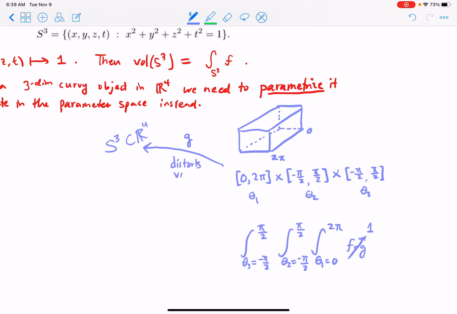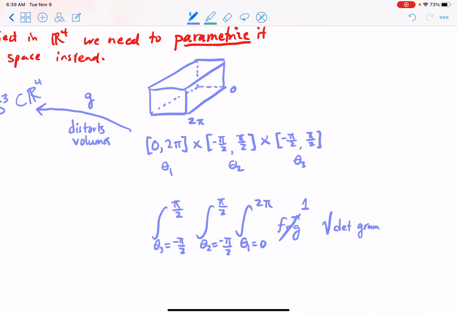And so, well, I wrote G twice, so I'll write G distorts volumes. And so we just need the square root of the determinant of the Gram matrix. This turns out to be a way to write the Gram matrix in Math 250, linear algebra. But we've just been writing in words Gram matrix of maybe dg.